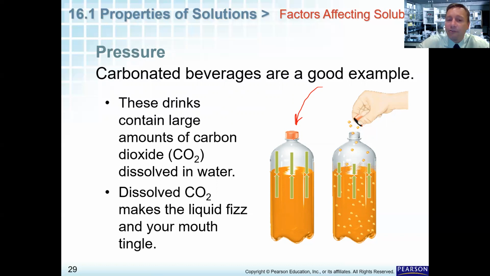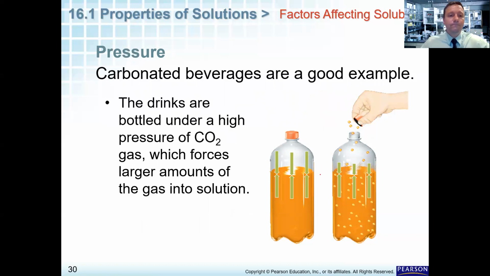And what happens is it forces the gas into the solution. When you open it up, that's why it fizzes. And that's why if you shake it up, you can blow the top when you open it. So dissolved CO2 makes the liquid fizz and your mouth tingle when you drink it. That's why people like to drink soda.